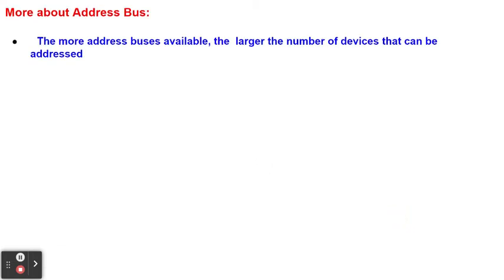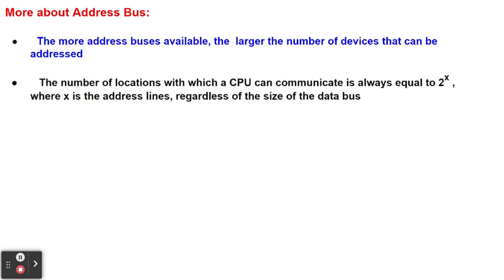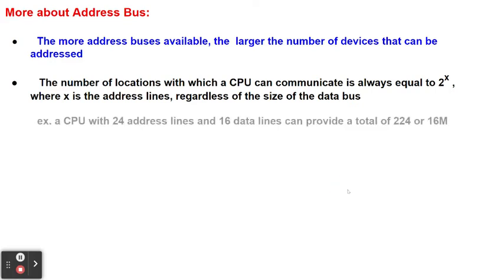More about the address bus. The more address buses available, the larger the number of devices that can be addressed. The number of locations with which a CPU can communicate is always 2 to the power of x, where x is the number of address lines, regardless of the size of the data bus.